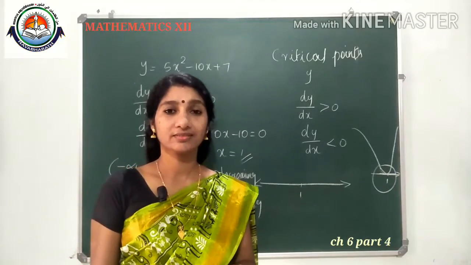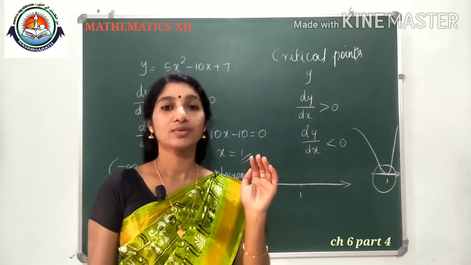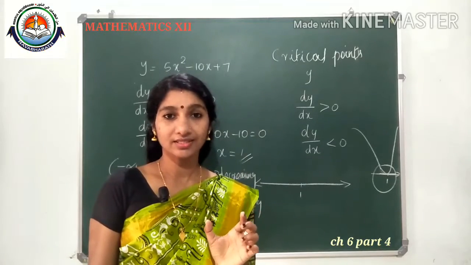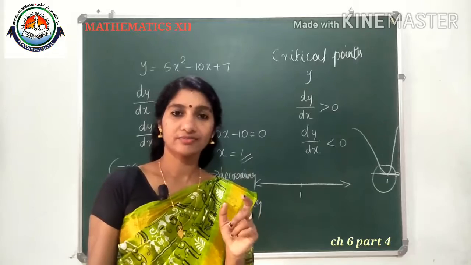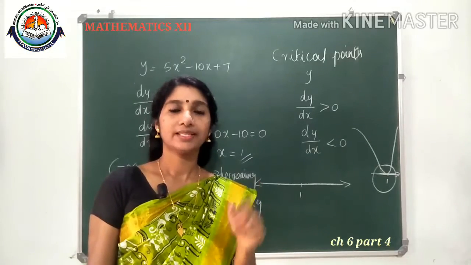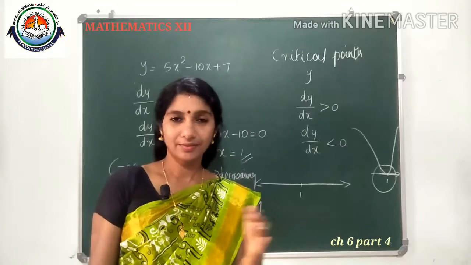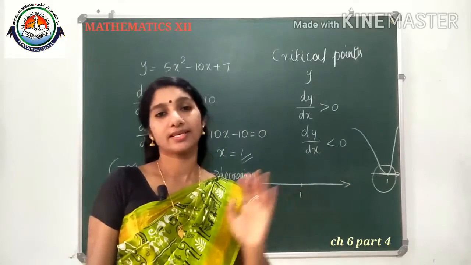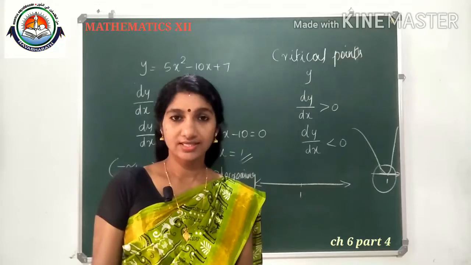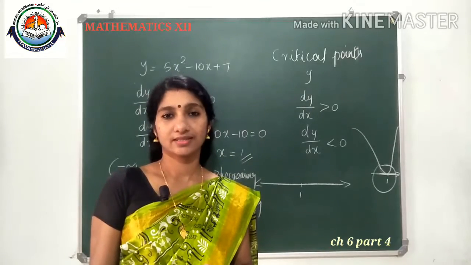You substitute values from that interval in f dash of x, the first derivative dy by dx. If it is greater than 0 it is increasing, and if it is less than 0 it is decreasing.